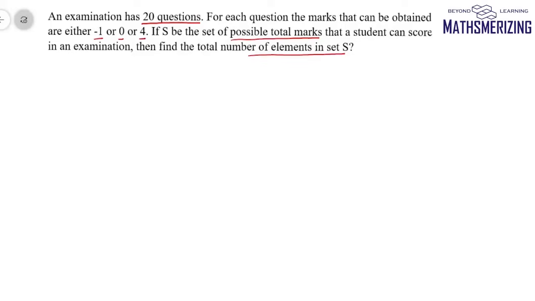So one way of solving this question is, for each question we know there are 3 possibilities. Either a student will score -1 or 0 or 4, and we can express it by a simple polynomial: either a student will score 0, which is represented by the term x to the power 0, or -1 or 4.